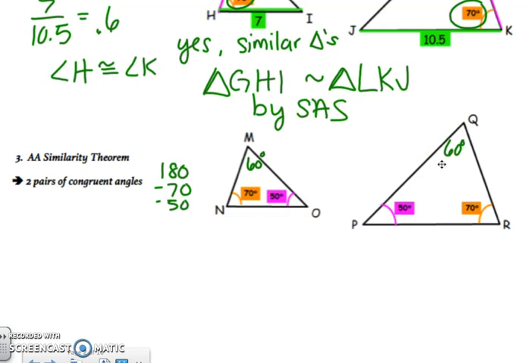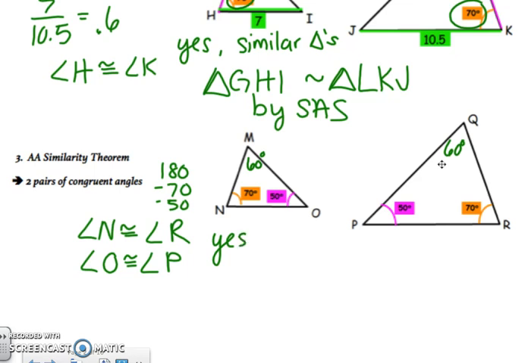Okay, so not a lot of math. You could say angle N is congruent to angle R. You could say angle O is congruent to angle P. And then so yes, they're similar triangles. And then you would write your similarity statement.